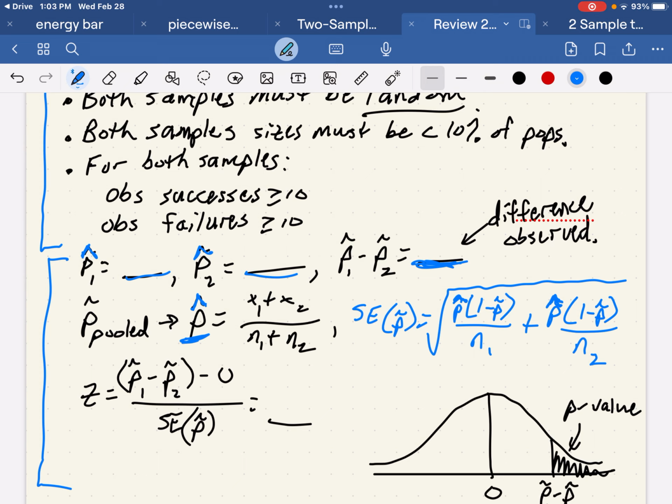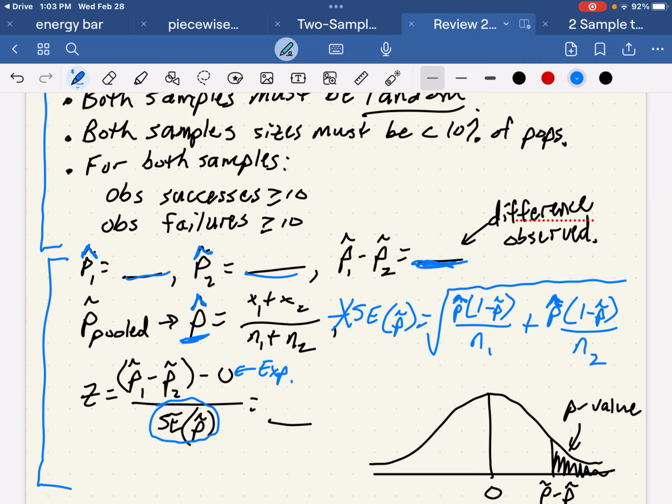Remember, you have to play the game. You have to calculate that number because that's what you need to divide by to get your z-score. So remember, your z-score is equal to the observed difference minus 0, because that's what we were expecting the difference to be, divided by the standard error.